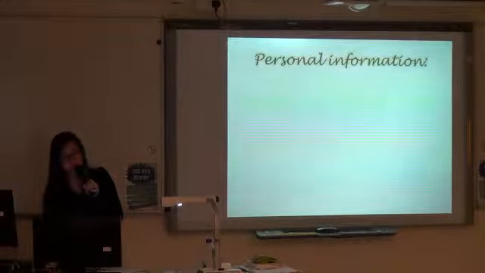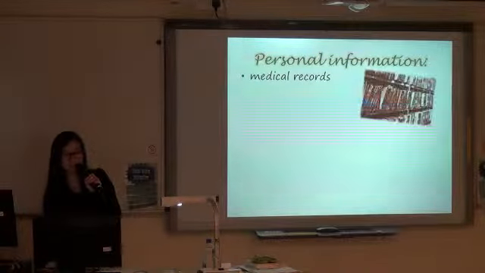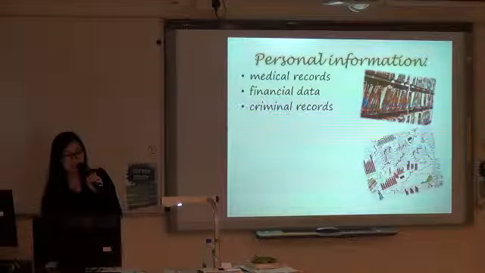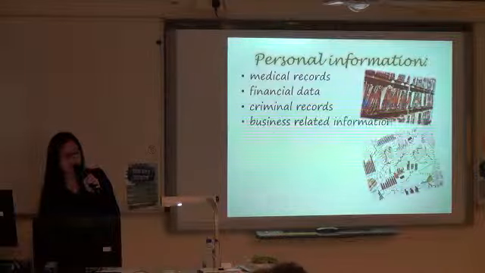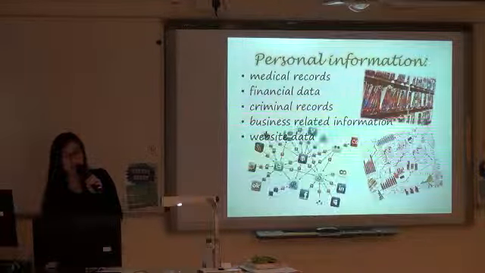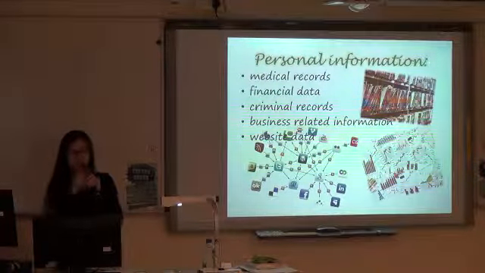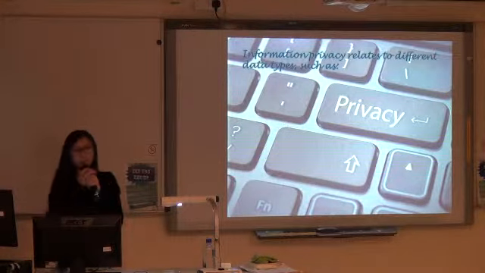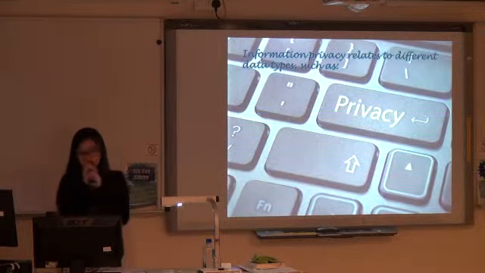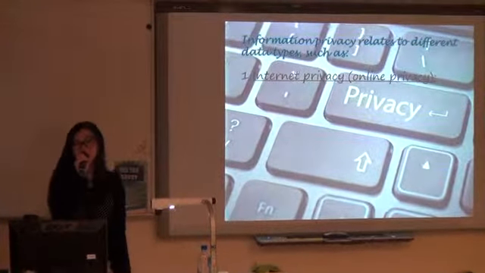Some personal information includes medical records, financial data, criminal records, business-related information, and website data such as Facebook, Twitter, and YouTube. Information privacy relates to different data types such as, first, Internet privacy.